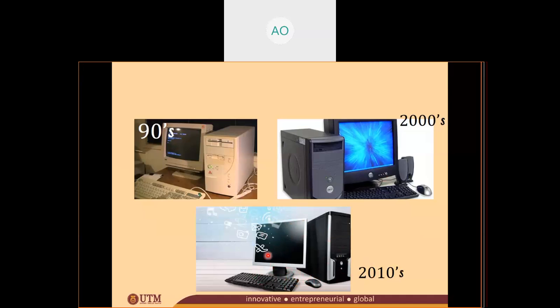This is a flat screen compared to this one, using LED or LCD, maybe even a touch screen monitor. And then the USB: this one is only USB 1.0, but this one is already USB 3.0. So the organization is different from one computer to another computer. So that is the organization.